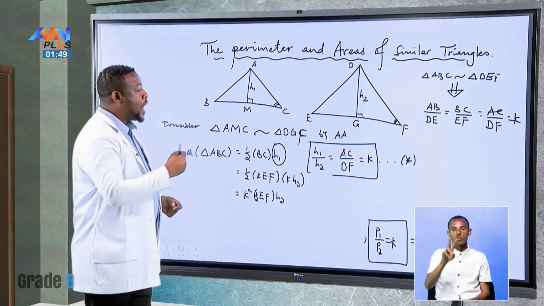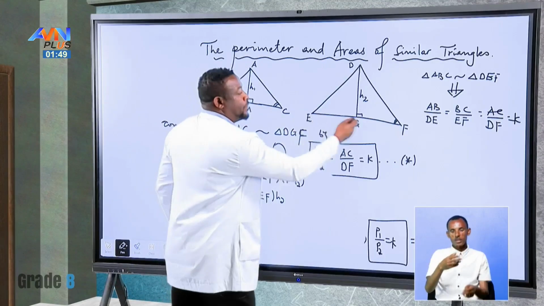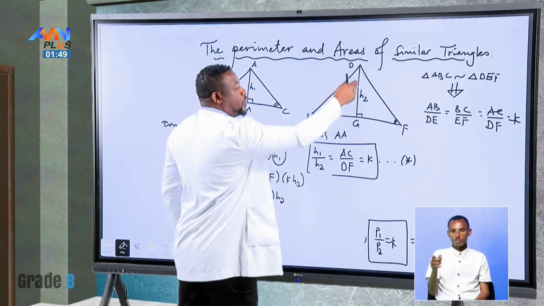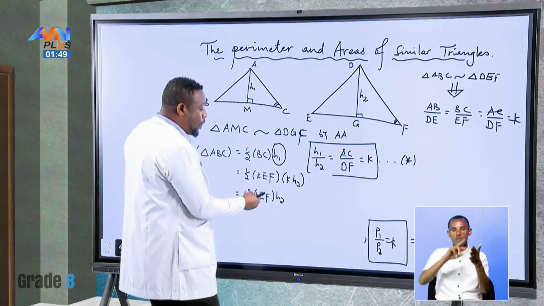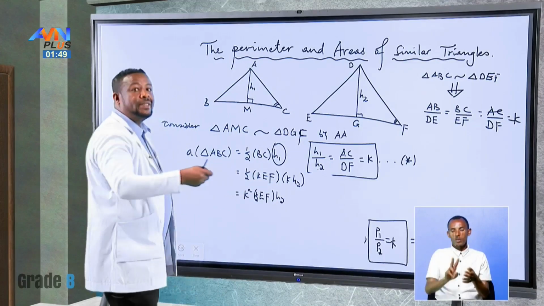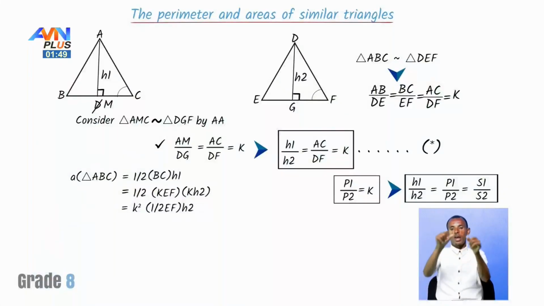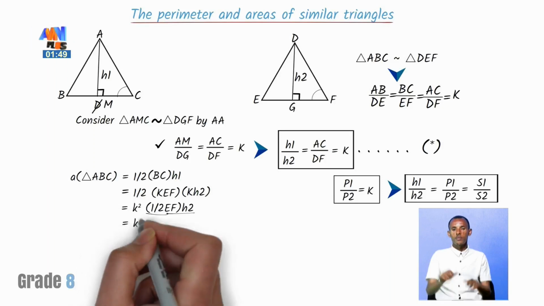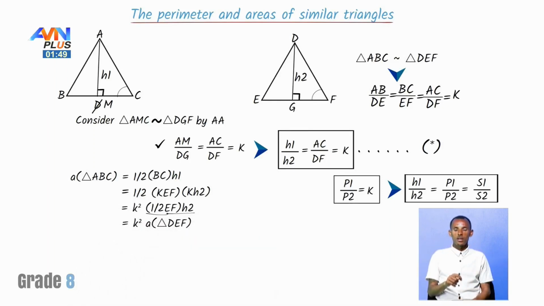But half of EF times H2, where EF is the base and H2 is the altitude, means the area of triangle DEF. So in place of this, you can substitute the area of triangle DEF.